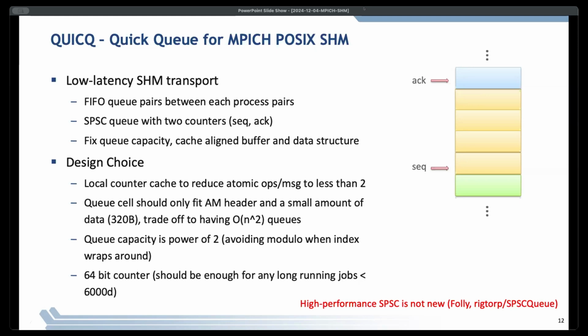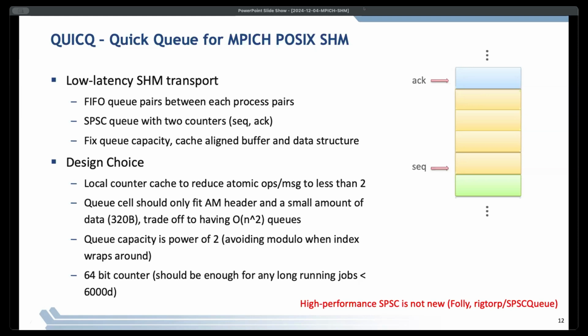So instead of having a multi-producer single consumer queue, now between all the processes there is only a single producer, single consumer queue, which can be implemented much more efficiently and gets much higher performance.